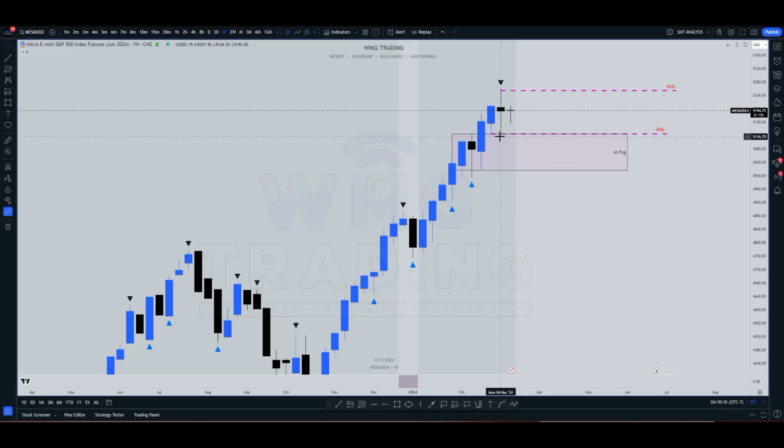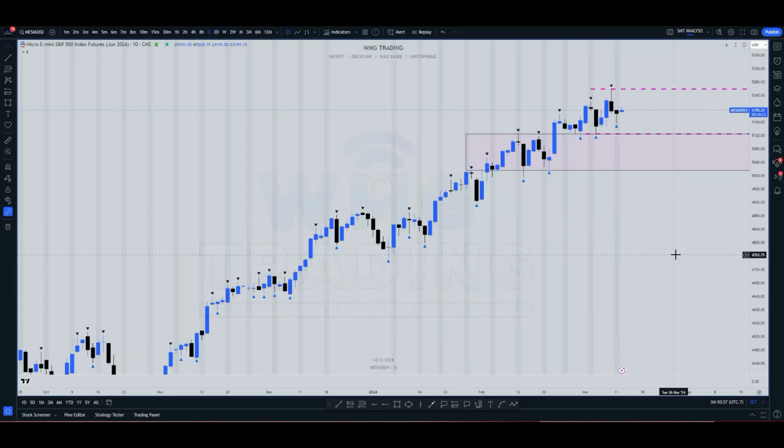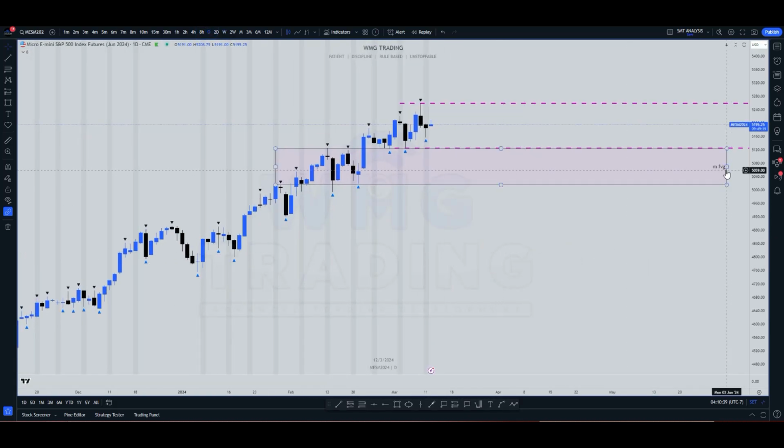So you could clearly see how you would go about labeling the previous week's liquidity as well as the previous month's liquidity, because those are like the first little steps. All right, and then once you have identified what you can see on the weekly chart near term, then we can actually drop down to the daily and see what levels can be transposed on the daily time frame as well.